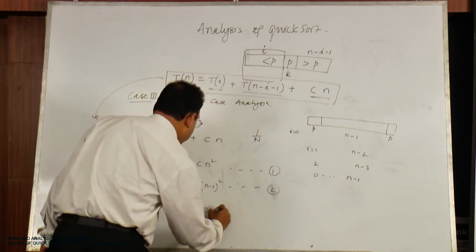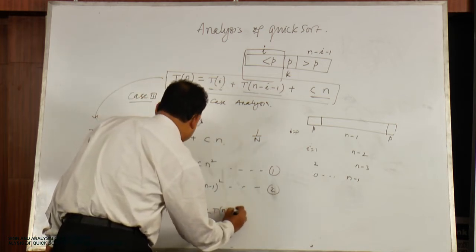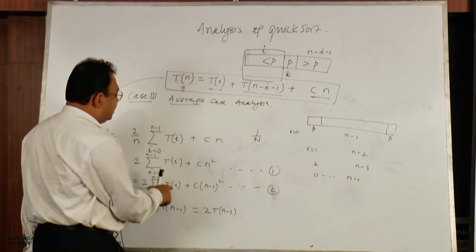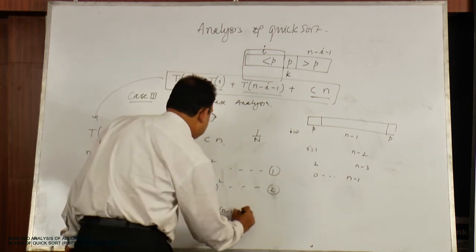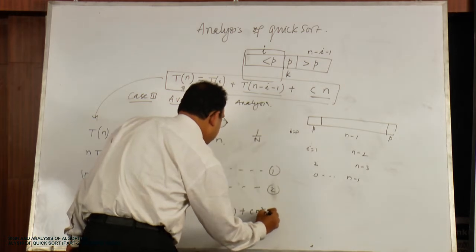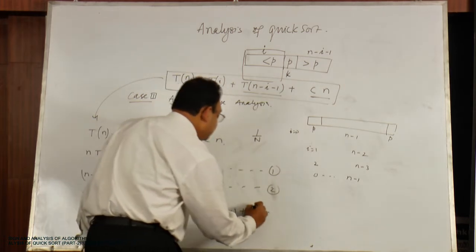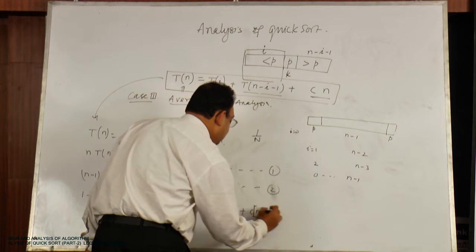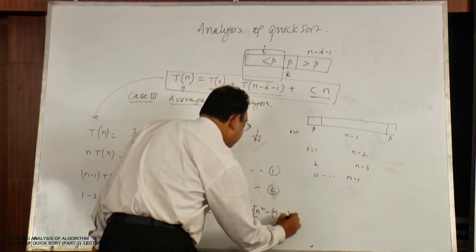So, 2 T(n minus 1), because the remaining terms cancel out, plus C n square minus C times n minus 1 square, that is C times n square minus n minus 1 square.